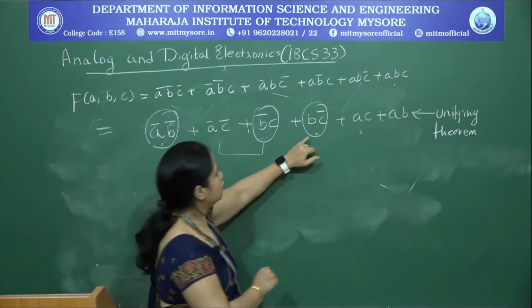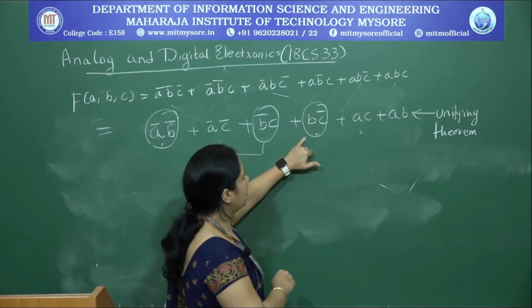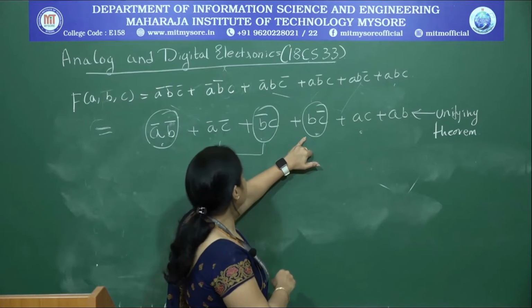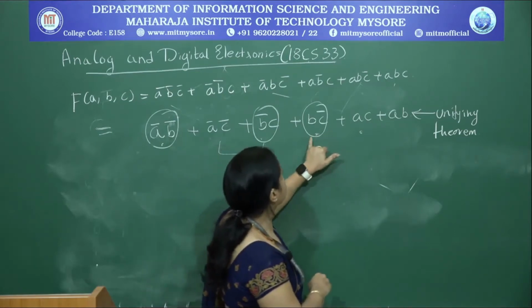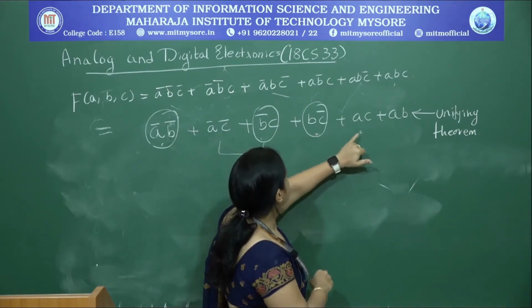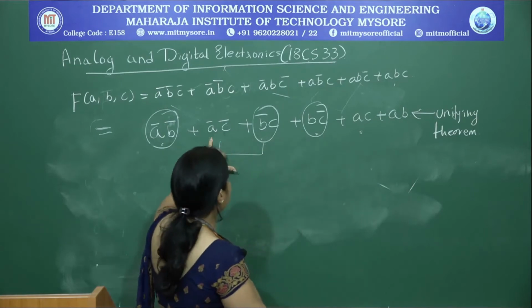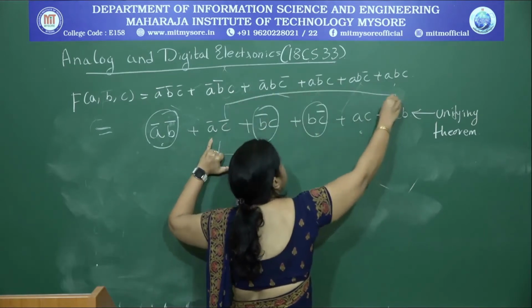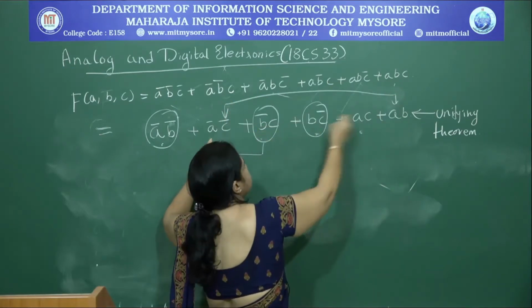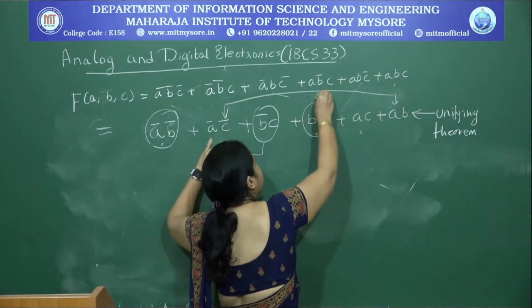And if you look at B C bar, we want A in its complemented and uncomplemented form. So, it is a result of A bar C and AB, the combination of these two; the consensus theorem applied to these two terms eliminates this.